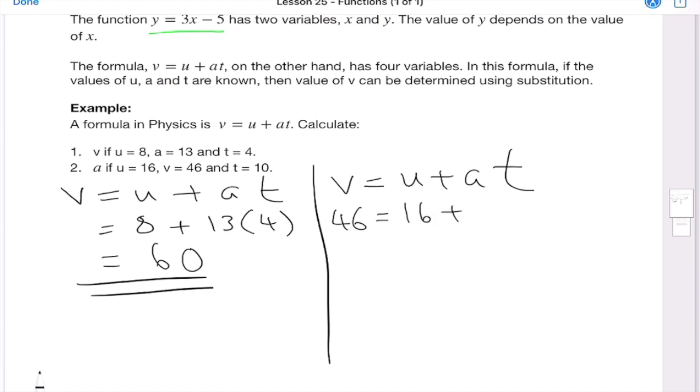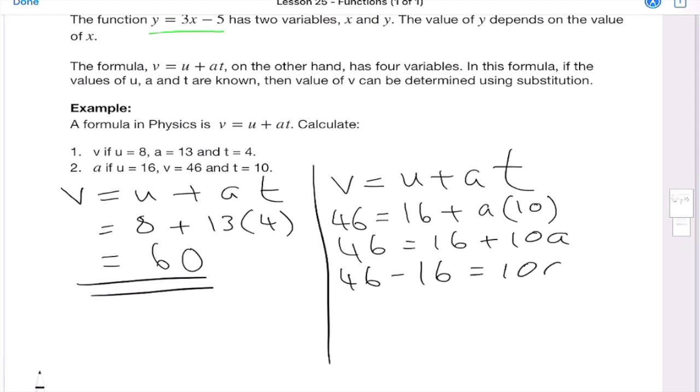We are looking for a, that is what we are looking for. But t is equal to 10. So we end up with something like that. If you simplify that, that would give us an equation, this time with only one variable a, and so we can work out a, the normal way we solve equations. Therefore, a should be equal to 3.